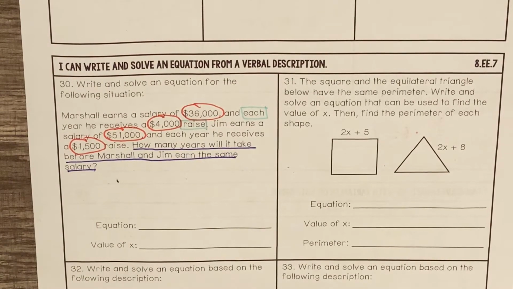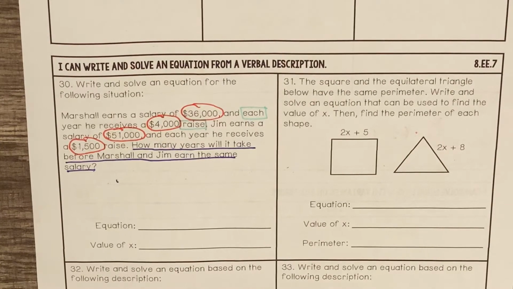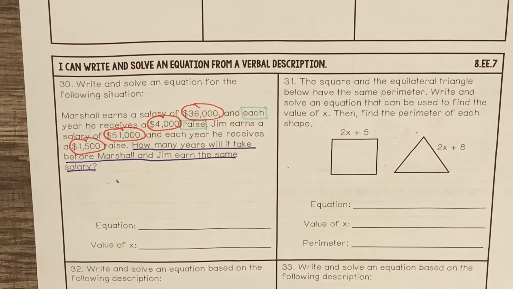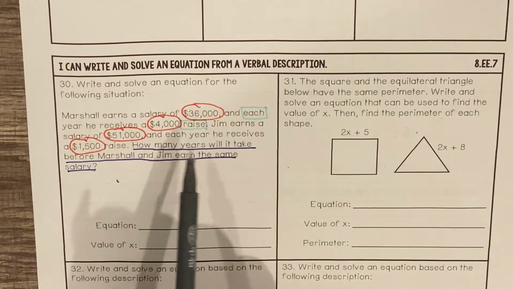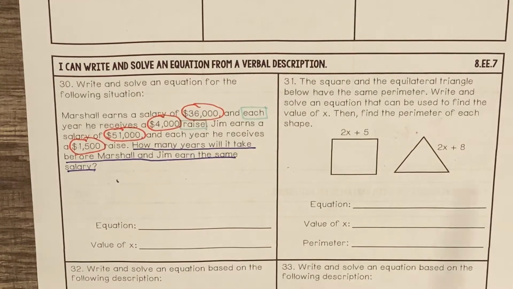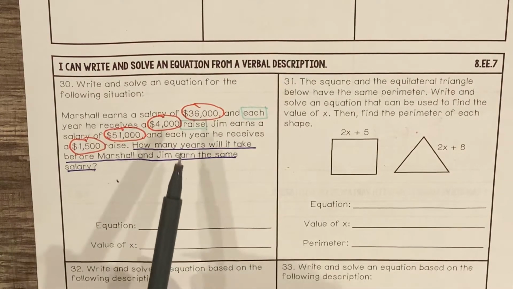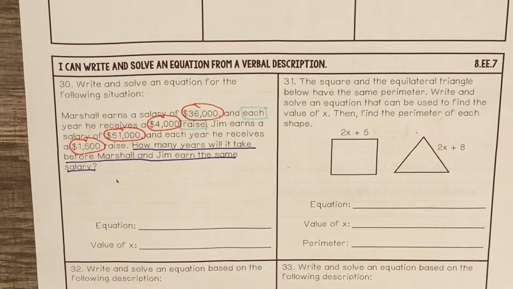Or are they taking $4,000 from him every year? That's important to know when you sign on to a job. If they say you're going to decrease a certain amount of money every year, walk away. Walk away. You want to increase. You want to earn money every single year. Okay? So that's why I put a box around raise, because I wanted you to know that actually is going to mean that the number before it is a positive number.